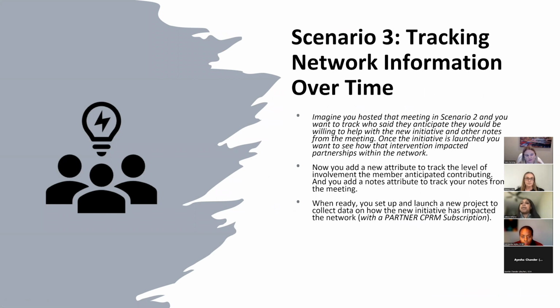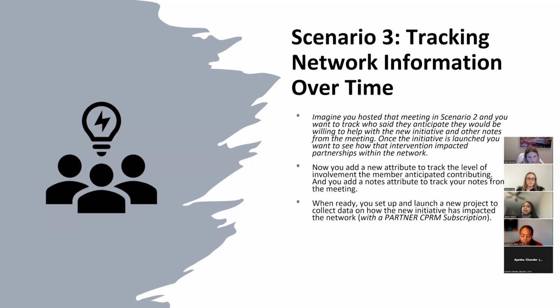All right, so now we're going to go through our last scenario here. This one is about tracking network information over time. So imagine you hosted that meeting in scenario 2, and you want to track who said they anticipated they would be willing to help with the new initiative and other notes from that meeting. Once the initiative is launched, you want to see how that intervention impacted partnerships within the network.